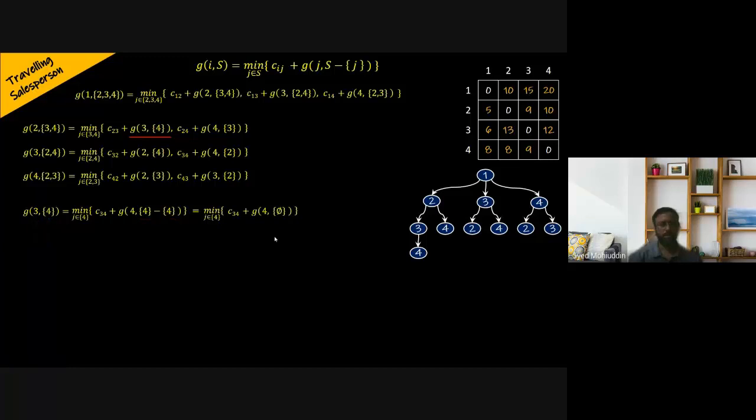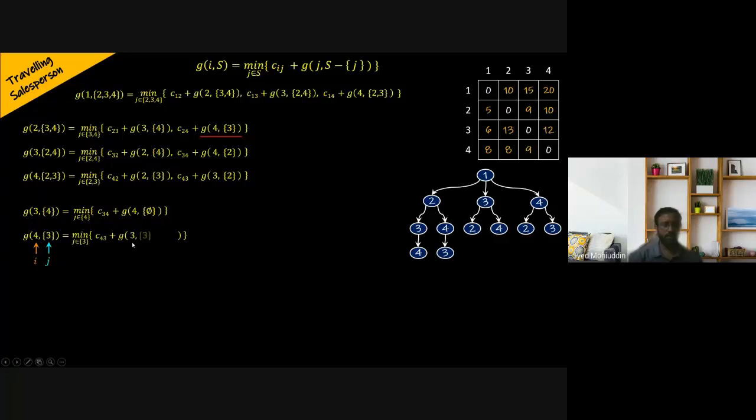In the same fashion, we will now compute G of 4, that is, vertex 4 moving to vertex 3. Now this will be cost of 3, 4 plus G of 3 comma set 3 minus 3, which will give us C of 3, 4, the cost 4, 3, plus G of 3 and null.